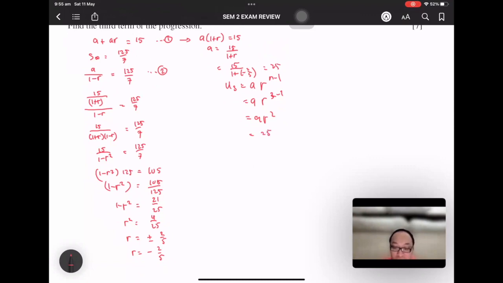So this is 25 times R, which is negative 2 over 5, squared. So 25 times negative 2 over 5 squared. It's 1.